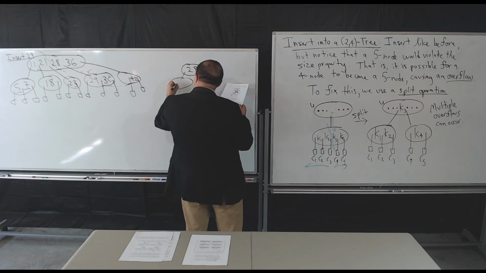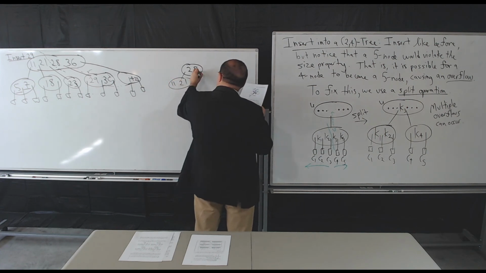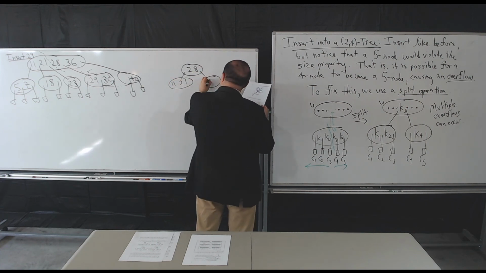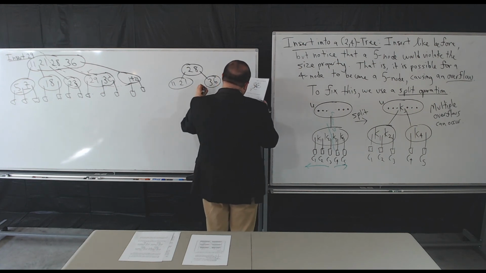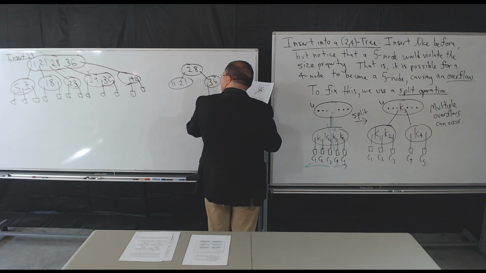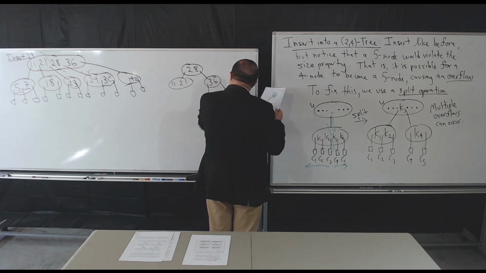So now I have 11 and 21, and on its right, I should have 36. And then what's the left of 36? It should be 29, 30, just like we had before. What else? Then we have 42 on this right side.